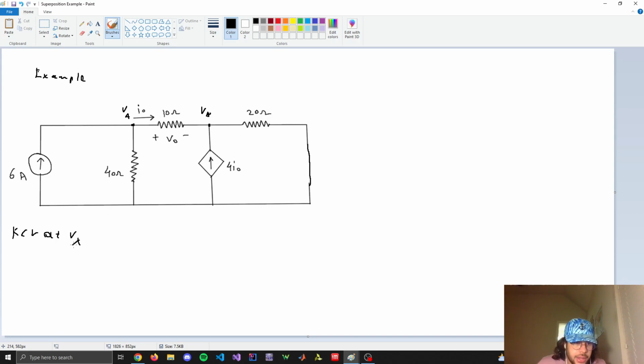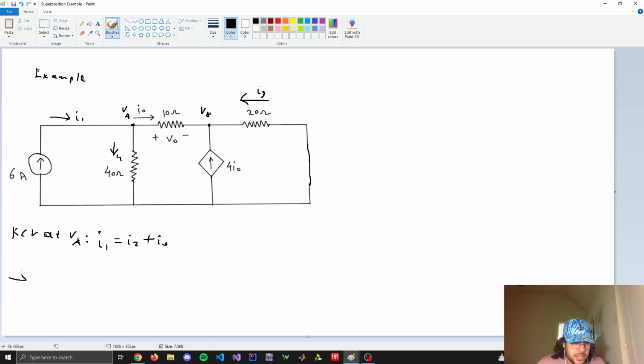at VA, which is going to be, this is I1, let's just say this is I2, that's I0, and this is 4I0. Let's say this current here is I3. So KCL at VA is going to be current going in, which is I1, equals current going out, so that's I2 plus I0.